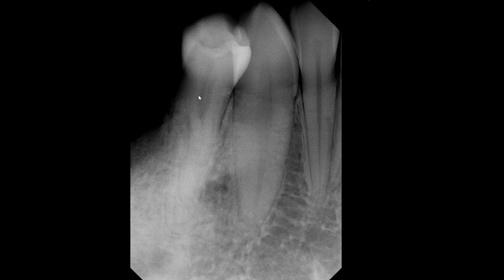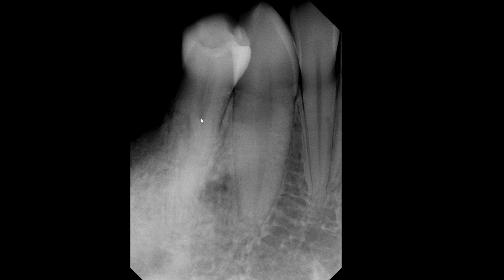Even the pulpal space right about here starts as a single chamber, and then as we expect it to taper, we start to lose the definitive outline of the pulpal space right about here, right? So it's very difficult to determine what's going on. So how would you assess?